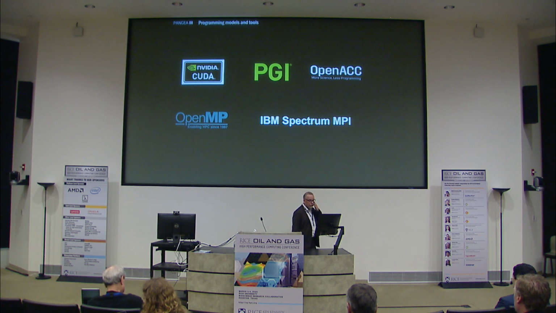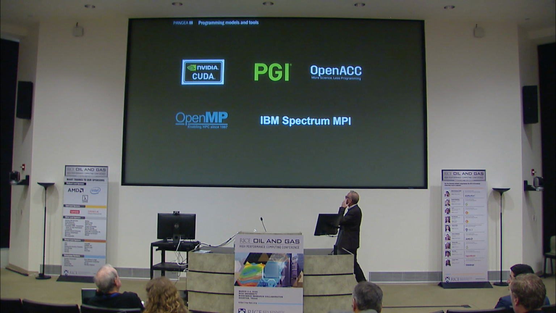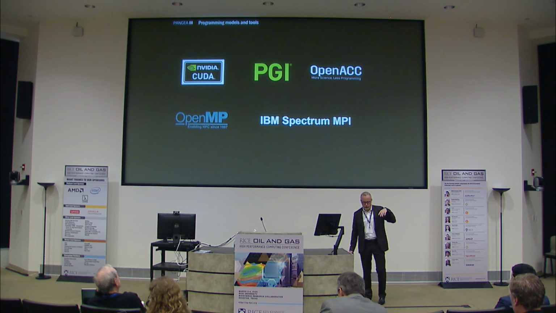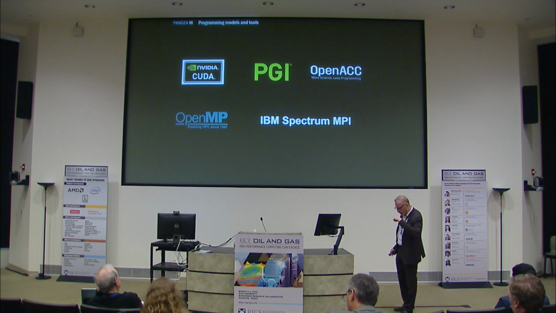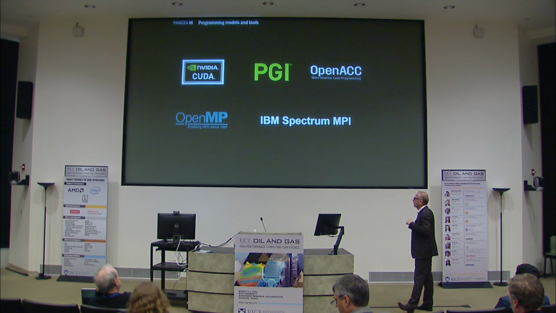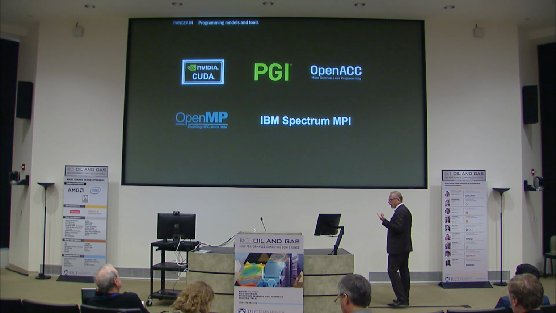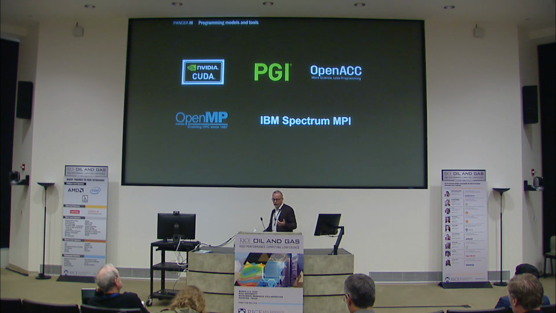Of course, we use CUDA from NVIDIA. We use PGI from NVIDIA. Where we don't need so much performance linked to the hardware itself, we use OpenACC and OpenMP. And we use MPI from IBM to be able to use GPU Direct exchange.